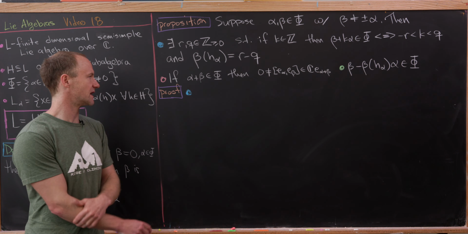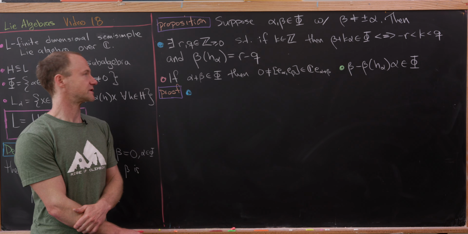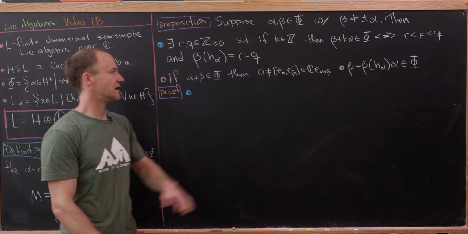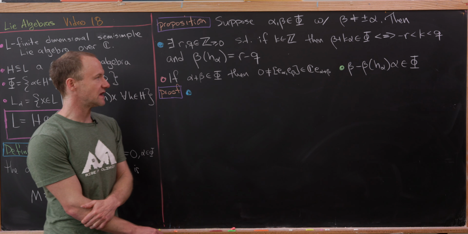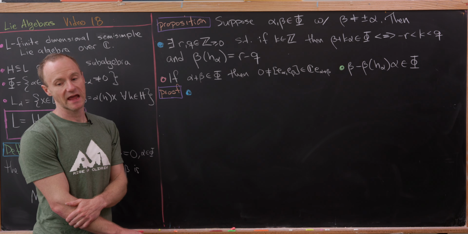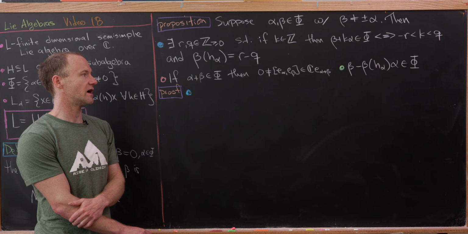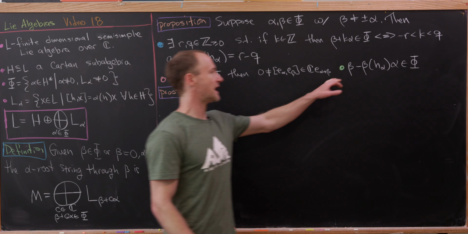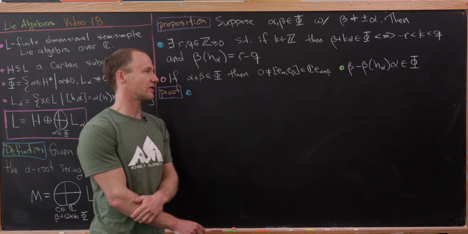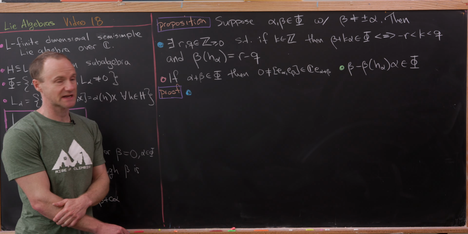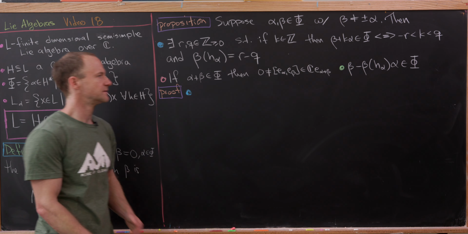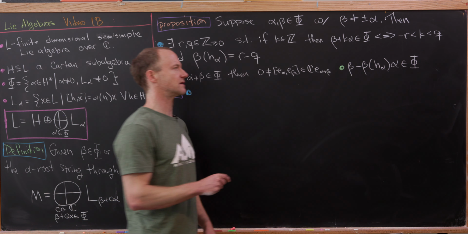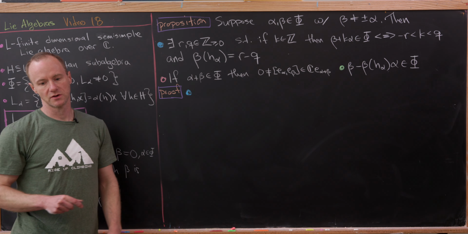And then next up is this pink dot result, which says that if alpha plus beta is a root, then the bracket of E alpha with E beta is non-zero, and it's a constant multiple of E alpha plus beta. And then finally, beta minus beta evaluated at H alpha times alpha is a root. So notice that this is simply a number times a root. So that's going to be like a combination of roots.